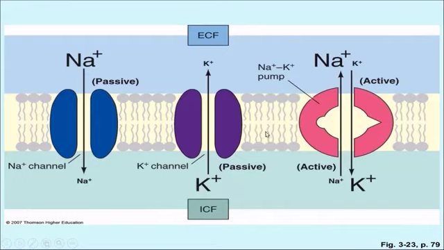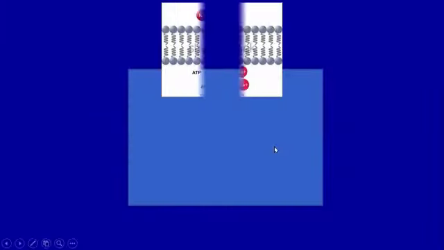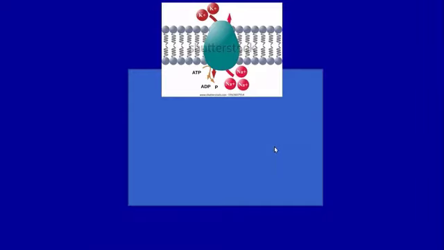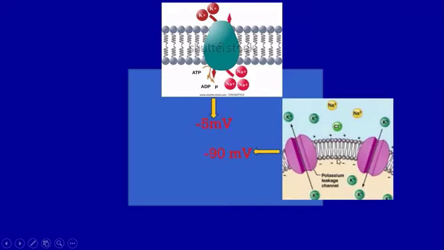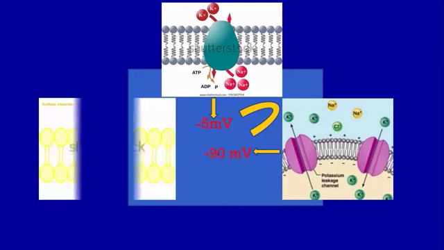All these channels play their role, and if I put all these channels together, the sodium potassium pump brings the negativity up to 5 millivolt. The potassium leaky channel, when combined with the sodium potassium pump, brings the negativity up to minus 90 millivolt. This minus 90 millivolt is called hyperpolarization.